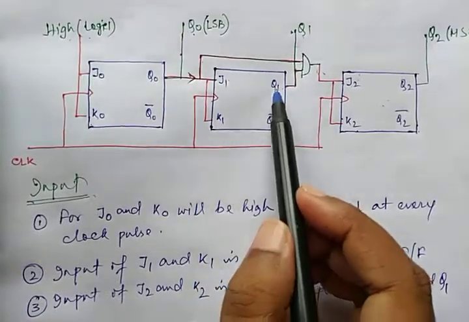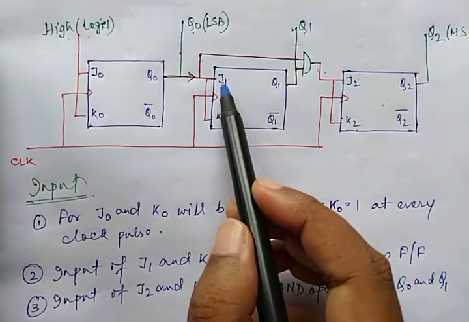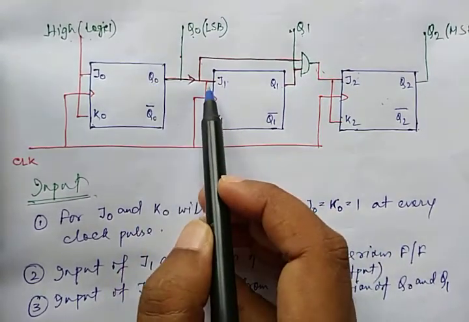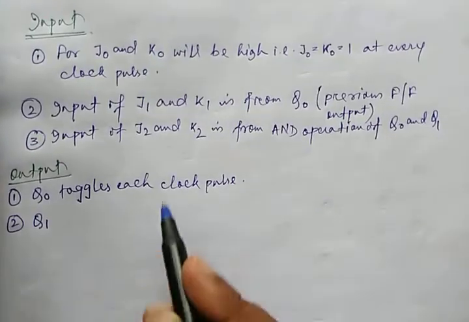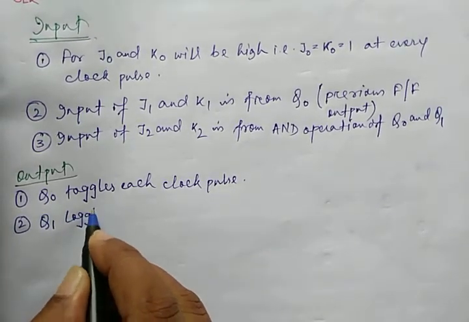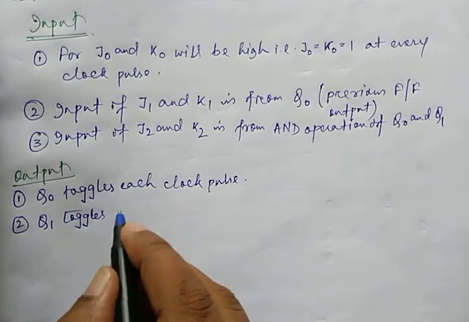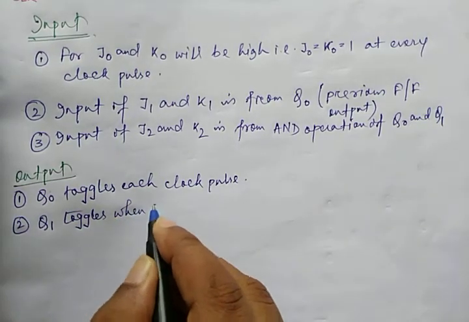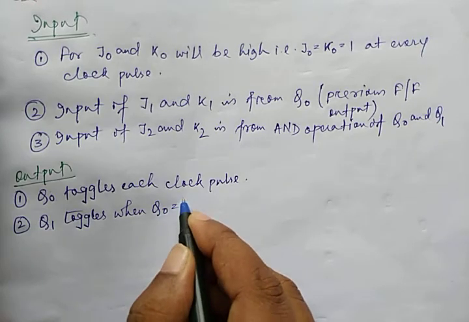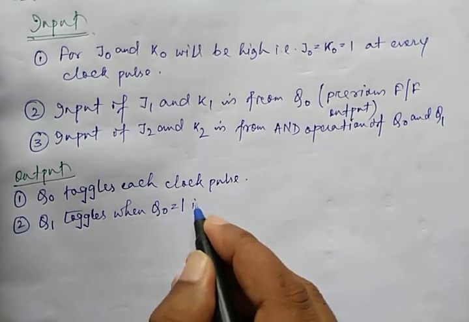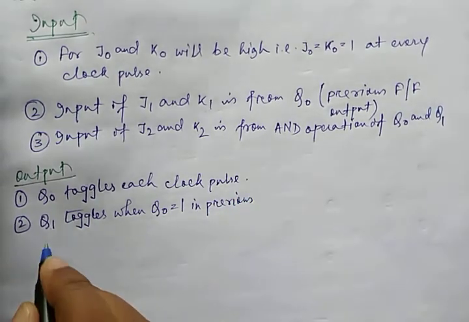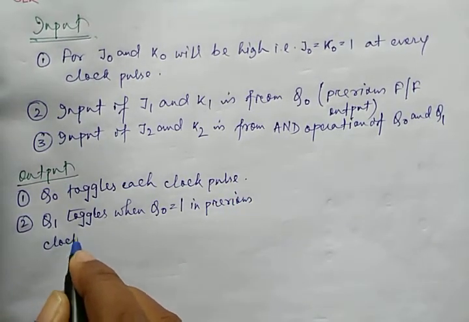Second, Q1. Q1 toggles when both J1 and K1 are 1, that is, when Q0 is 1. So we can write Q1 toggles when Q0 equals 1 in the previous clock pulse.